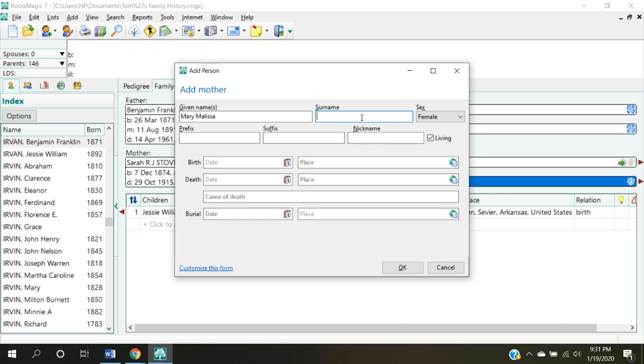An E or an A really doesn't change the sound or anything. So Mayberry is probably the more correct spelling. The one in the death certificate for the daughter, Sarah Rachel, was spelled Mabury. That's probably not correct. We could find out later that it is, and then we'll just change it.